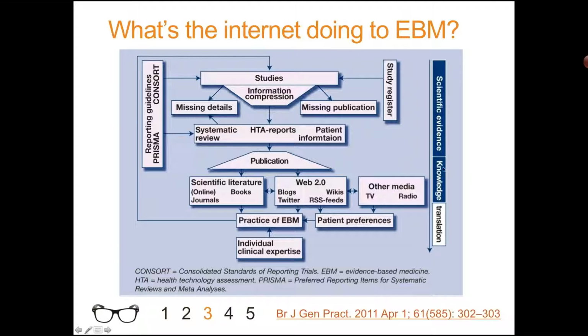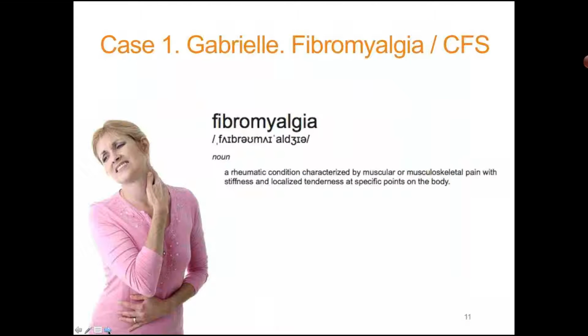And you should be able to bridge that scientific evidence with knowledge that is more translatable to people, and apply that translation to your individual clinical practice, which is what we're going to be seeing today.